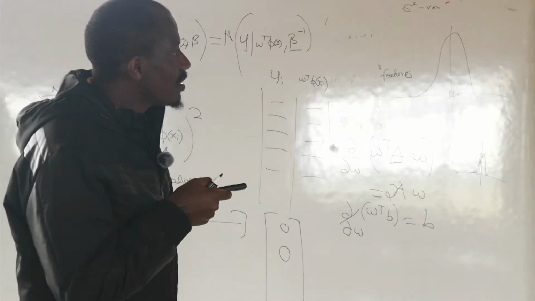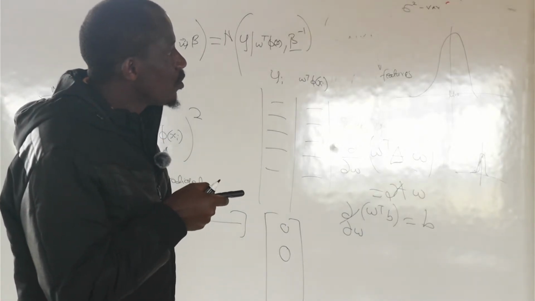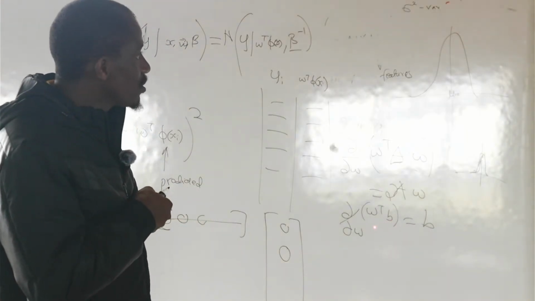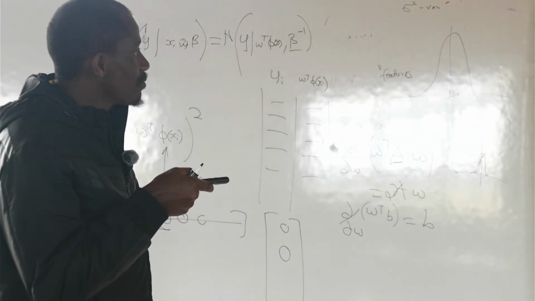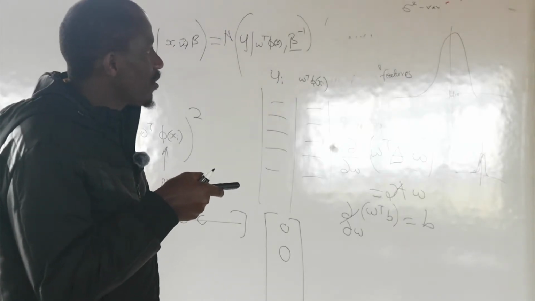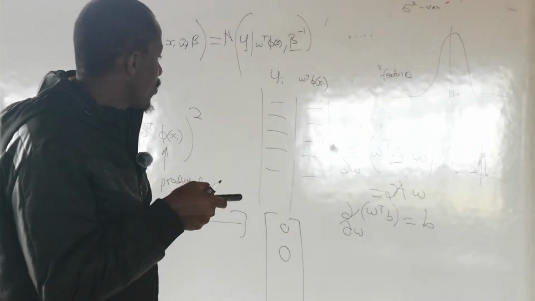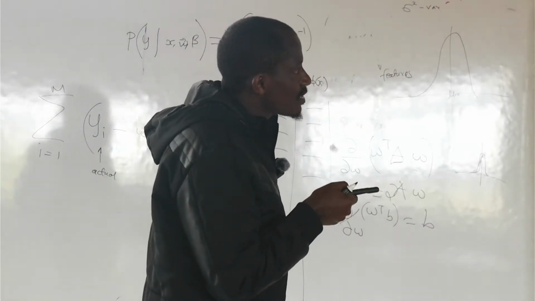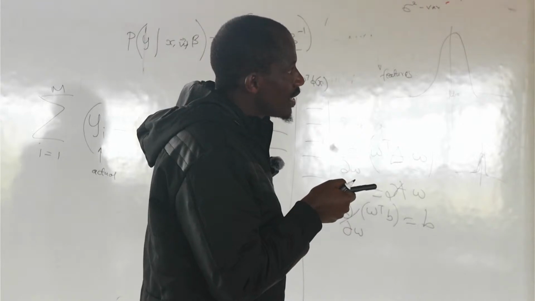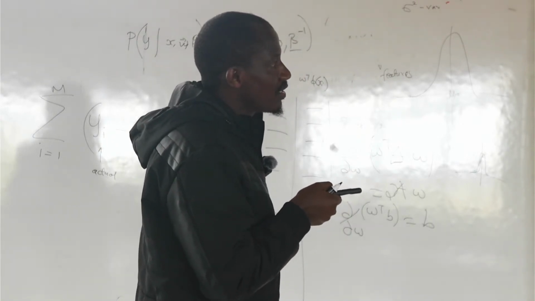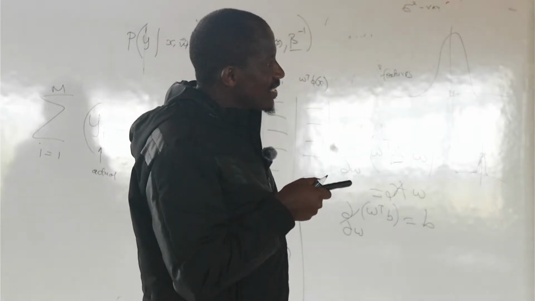And then the other one we have is 2w transpose phi transpose y. It's similar to this one over here: w transpose b, differentiated with respect to w. So in this case we have b, which means the only thing we need there is phi transpose y.